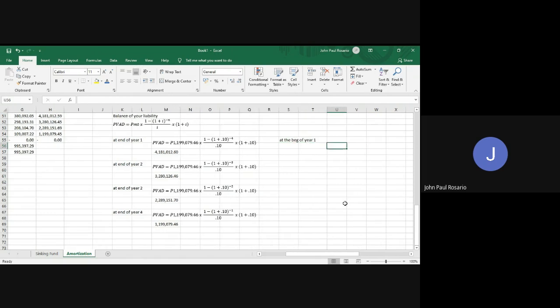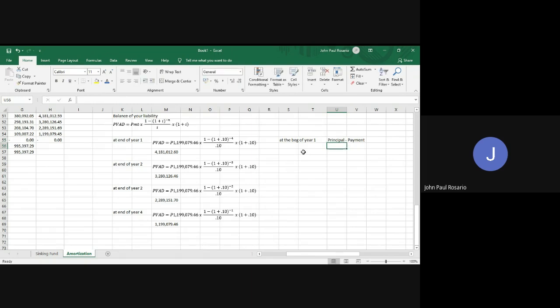So actually, for year 1, lahi formula. This would be just your liability or principal less payment. So principal less payment lang siya kang beginning of year 1.